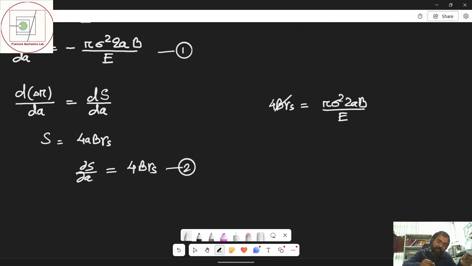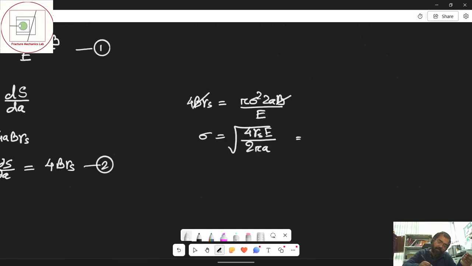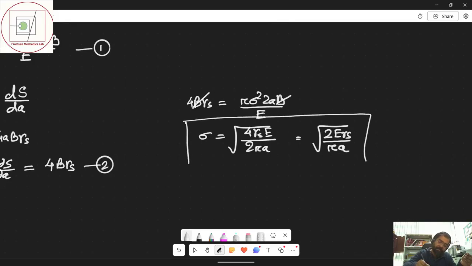So b gets cancelled and we don't have a here, so then sigma can be calculated as the square root of 4 gamma s E divided by 2 pi a. So this becomes sigma equals square root of 2E gamma s divided by pi a. So remember this relationship also.